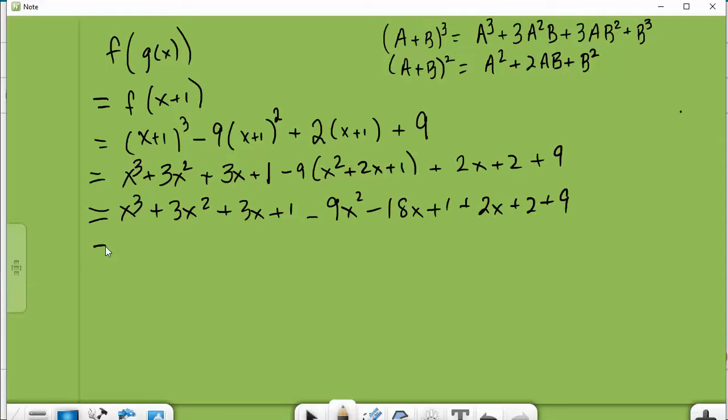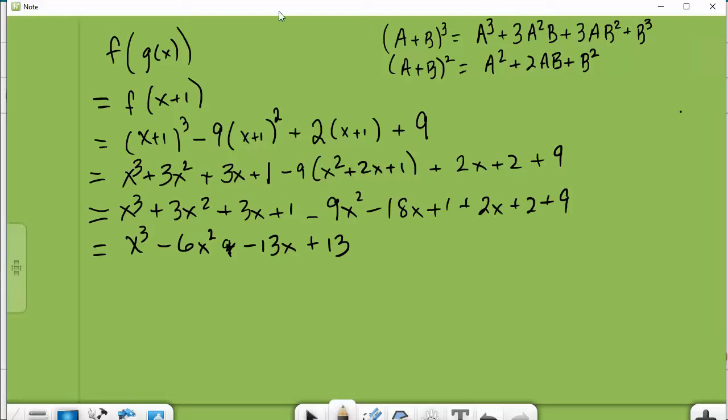Combine like terms. So descending order, x cubed, 3x squared minus 9x squared is negative 6x squared, plus 3x minus 18x plus 2x. So that's minus 13x. And then 1 plus 1 is 2, plus 2 is 4, plus 9 is 13.